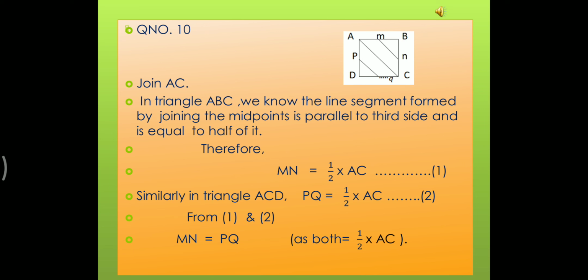From first and second, we find that both MN and PQ have the same values. In other words, the right hand sides of two equations are equal, so their left sides are also equal. So MN is equal to PQ, as both are equal to 1/2 of AC.